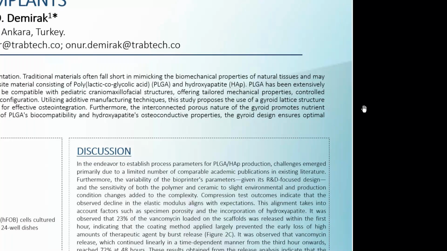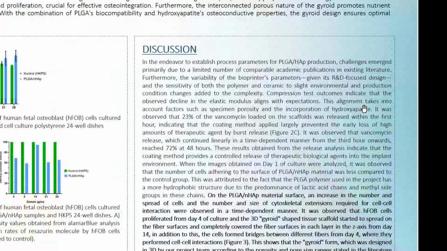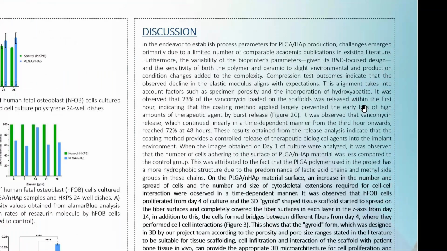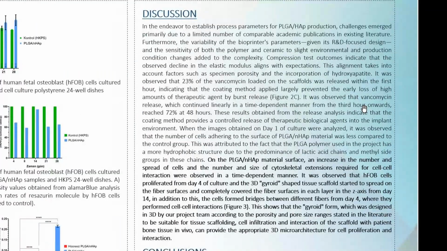To jump into the conclusions and the discussion, we saw that the PLGA and nanohydroxyapatite material surface increased the spread and number of the cells, and the size of the cytoskeletal extensions required for cell-to-cell adhesion.